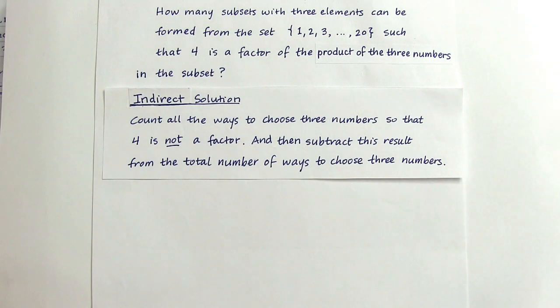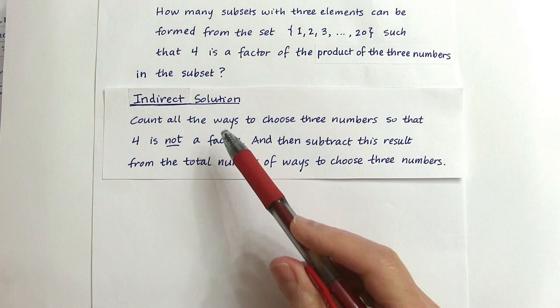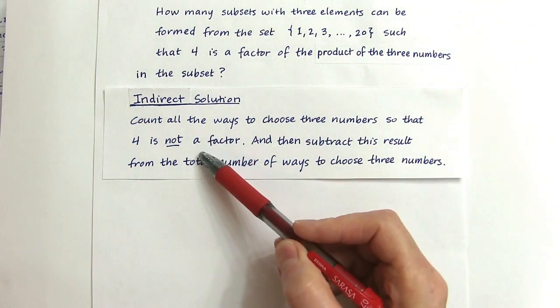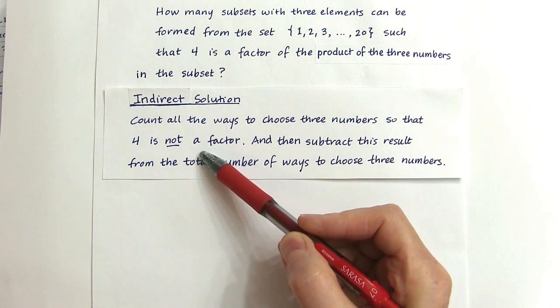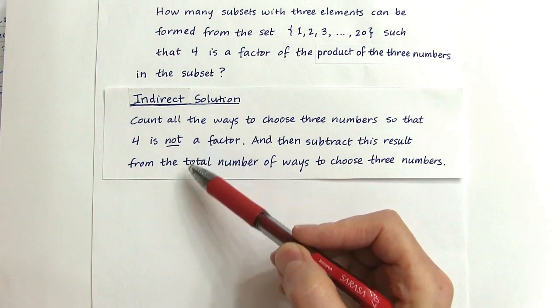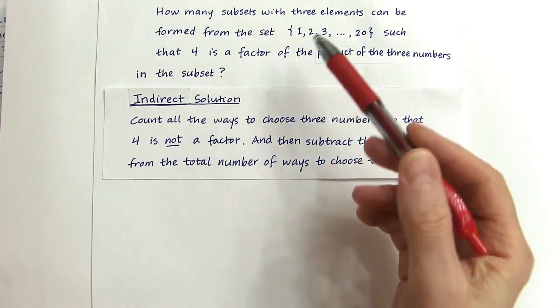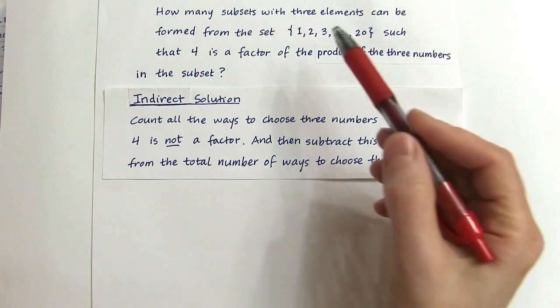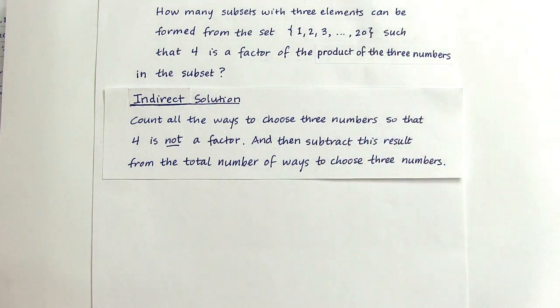In the indirect method, we're going to count all of the ways to choose 3 numbers from this set so that 4 is not a factor of the product of the 3 numbers. Then, we'll subtract this result from the total number of ways to choose 3 numbers from this set, and that will give us the number of ways to choose 3 numbers from this set so that 4 is a factor of the product of the 3 numbers.